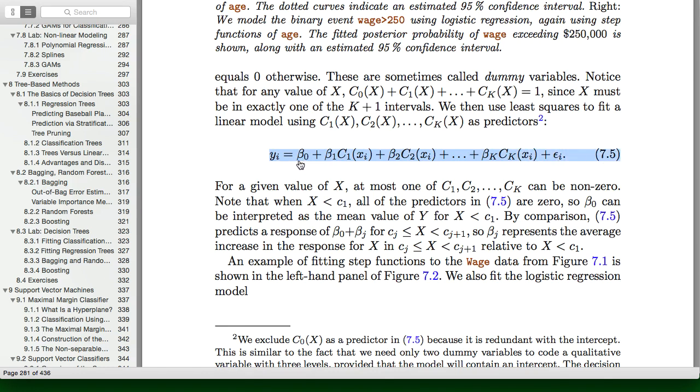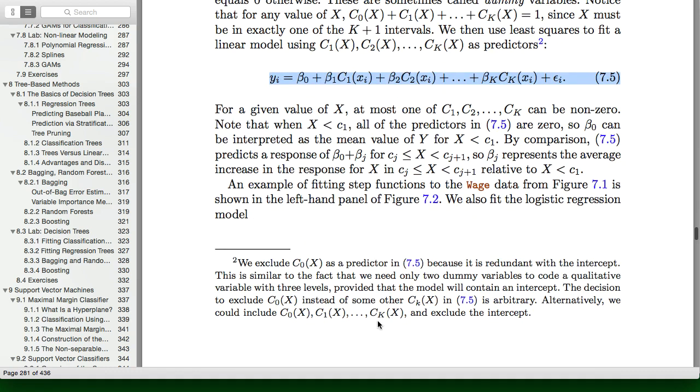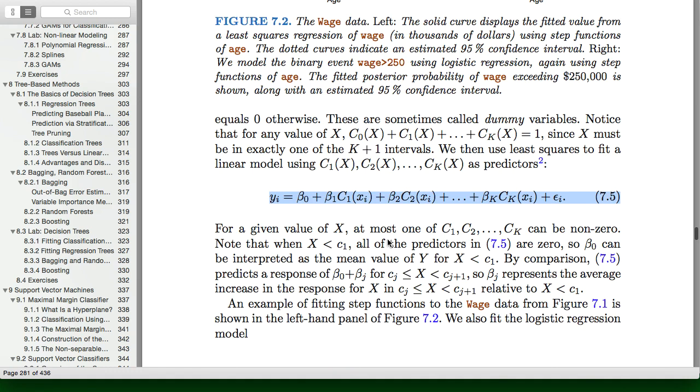By the way, that first category, C naught, traditionally doesn't exist. That's what this very long footnote is about. Traditionally, if x is in the lowest category, we just let beta naught be the coefficient. Everything is turned off. If x is in the lowest category, all of these are 0, and then yi is equal to beta naught in that case.